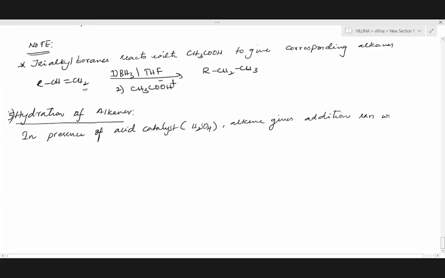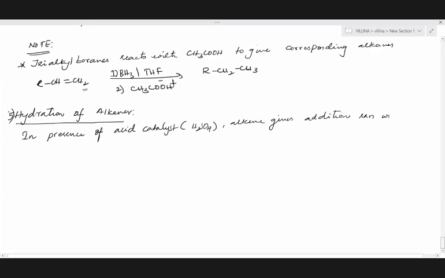In presence of an acid catalyst, mostly we will be using sulfuric acid, H2SO4, alkenes give an addition reaction with water.